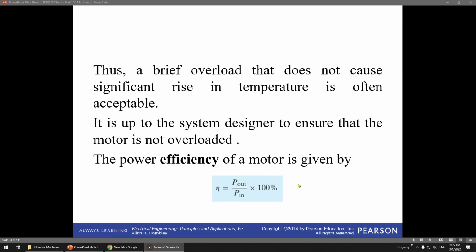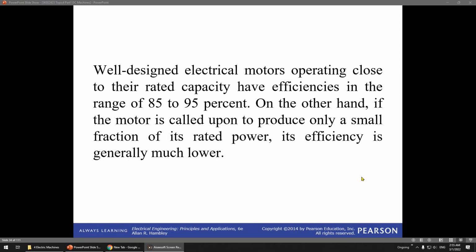This one is the efficiency. Of course, you can calculate the efficiency as the output power divided by the input power. This is the standard efficiency equation. A well-designed electrical motor operating close to its rated capacity has an efficiency in the range of 85 to 95%. On the other hand, if the motor is called upon to produce only a small fraction of its rated power, the efficiency is lower.